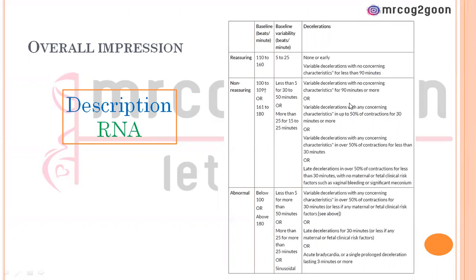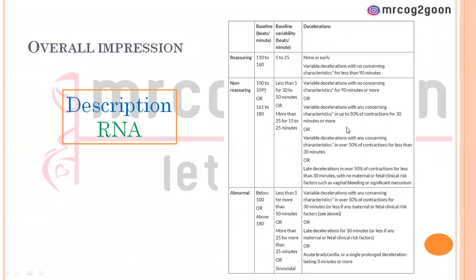Variable deceleration with any concerning feature, and I will tell you what the concerning features are in the next slide, in up to 50%. If there is no shouldering or the like, it will be with every other contraction. Sometimes the trick will come like this.